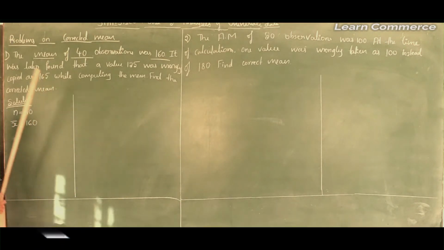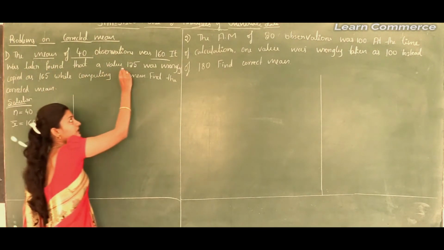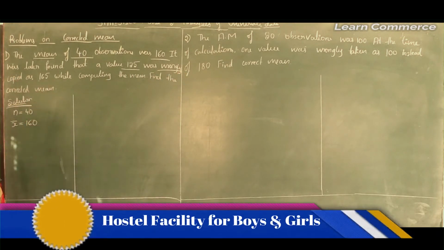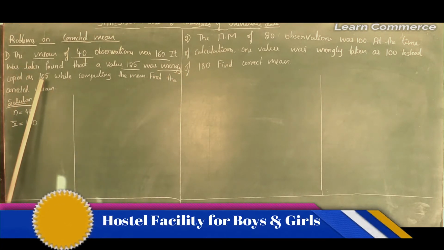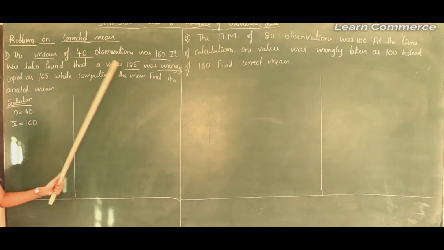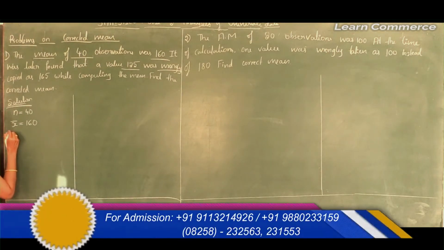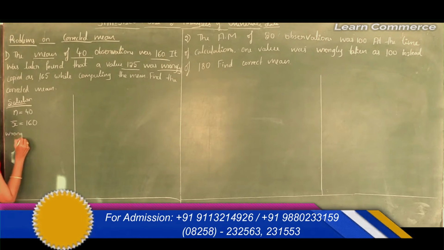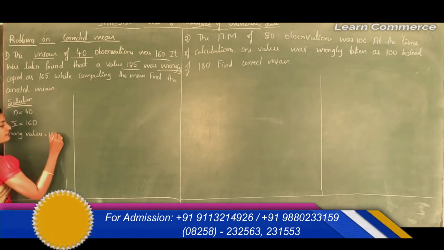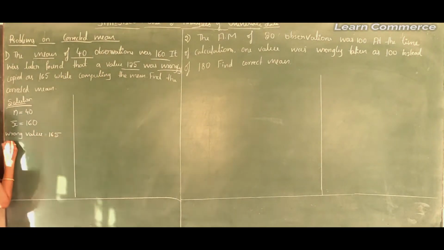Next, it was found that a value 125 was wrongly copied as 165. So the wrong value is 165 and the correct value is 125.